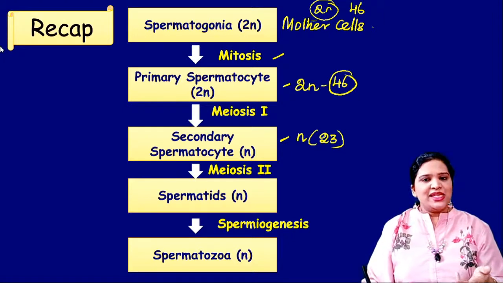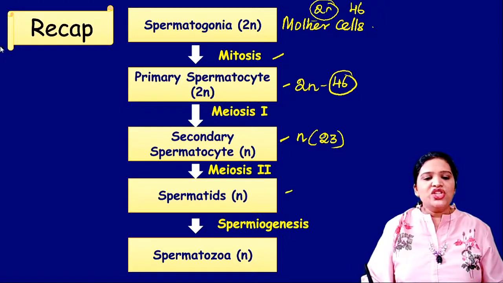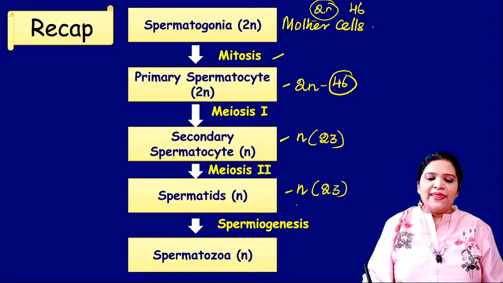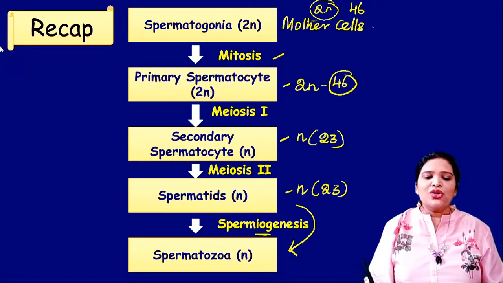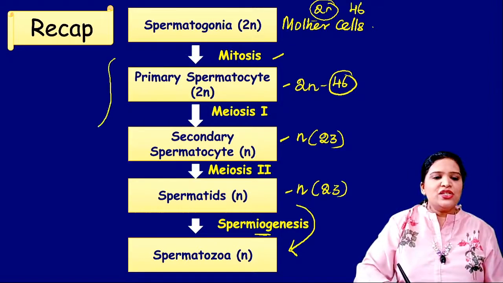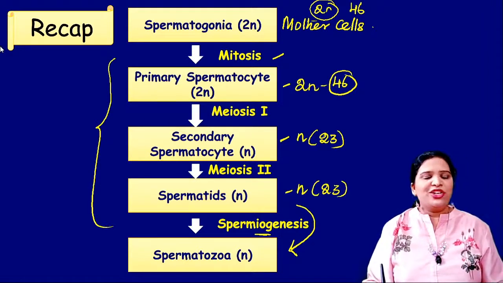Again, they undergo the successive meiotic division in which they form spermatids, which also contain 23 chromosomes. This is the spermatid formation. After spermatid formation, the spermatids become mature spermatozoa by a process called spermiogenesis. So all these stages together are called spermatogenesis.